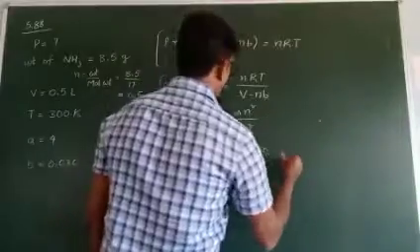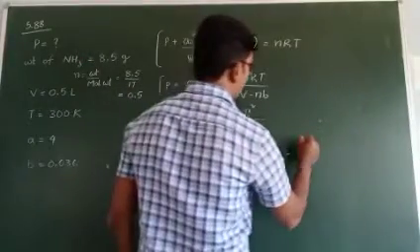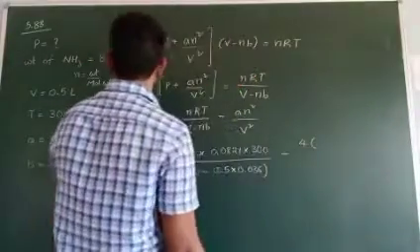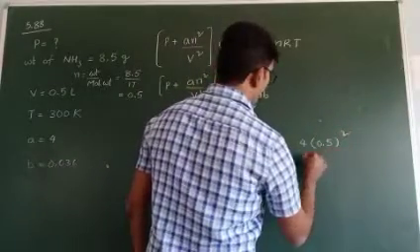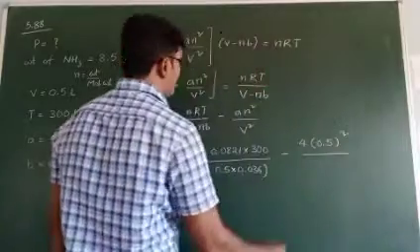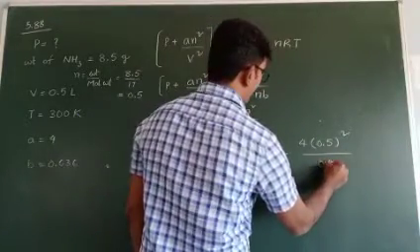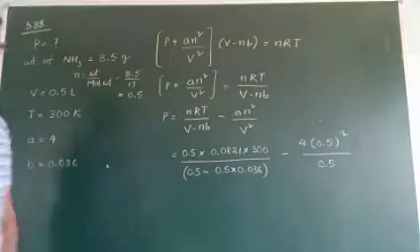Minus a value 4 into n value 0.5 whole square by V value 0.5. Now cancel.